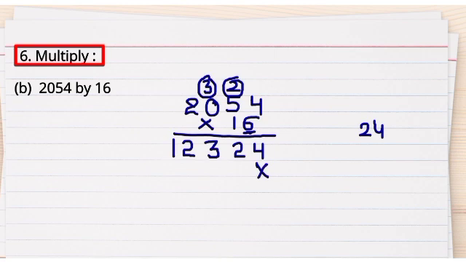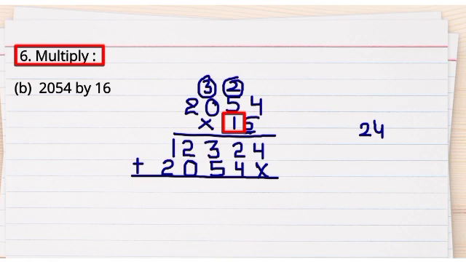Now multiply by the digit at tens place, which is 1. So 1 4s are 4, 1 5s are 5, 1 zeros are 0, 1 2s are 2. Add them. Students, one more thing you need to remember. When you write the digits, arrange them properly in the proper column, right?